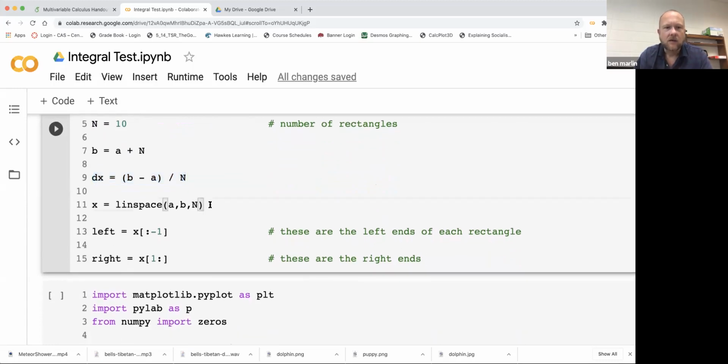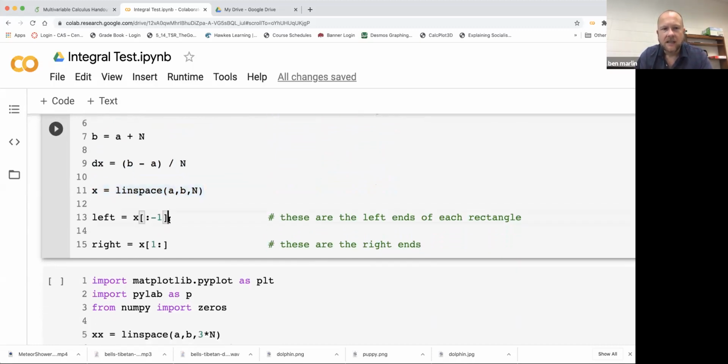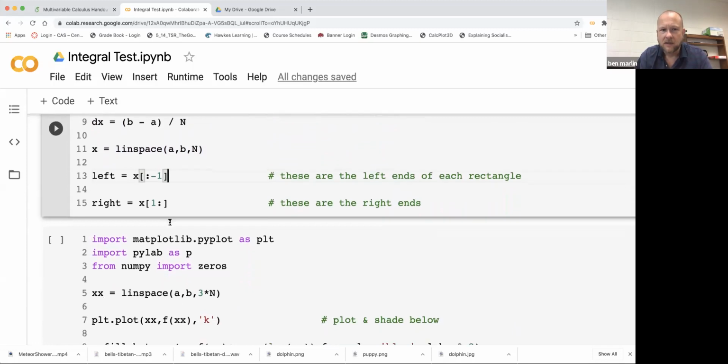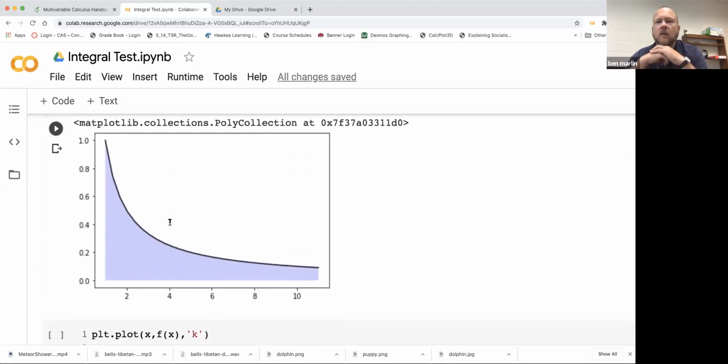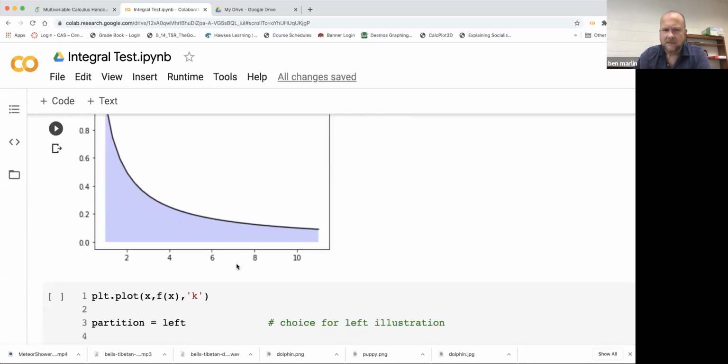I used a linspace that just defines a bunch of points across there. And then I took left endpoints and right endpoints. Using this, I can get a quick plot of what my function f of x looks like from about x equals 1 to x equals 11 or 12. It's just to get us a rough idea.